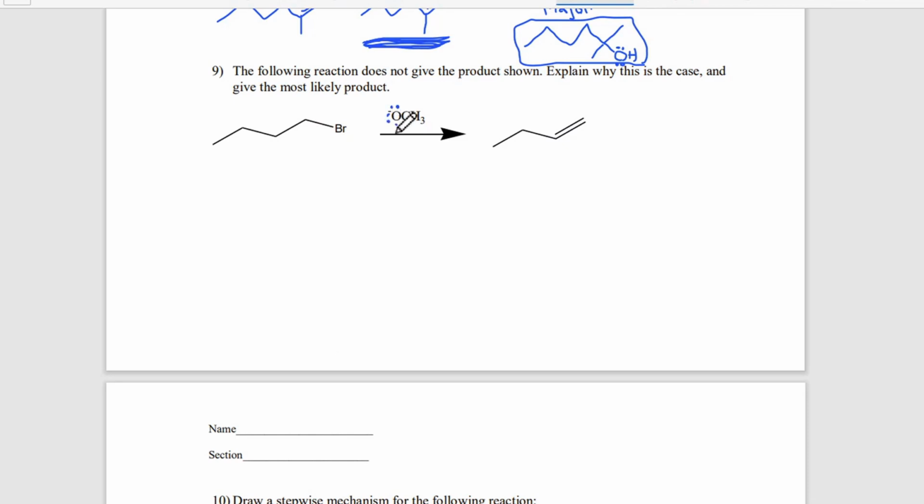You have a strong leaving group with a methoxide. That's a good nucleophile. It's a good nucleophile. But it's forming an alkene. So yeah, it's also a strong base. Well, notice it says the following reaction does not give the product shown. Why is this the case?